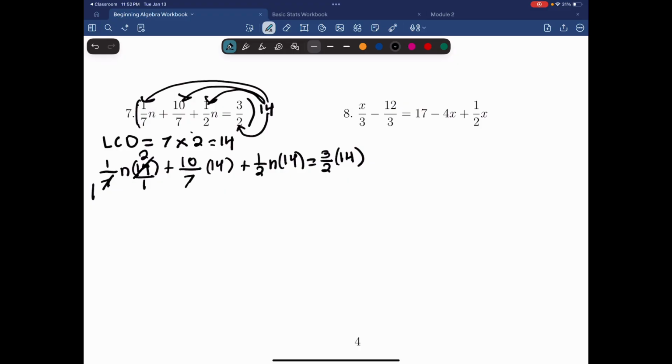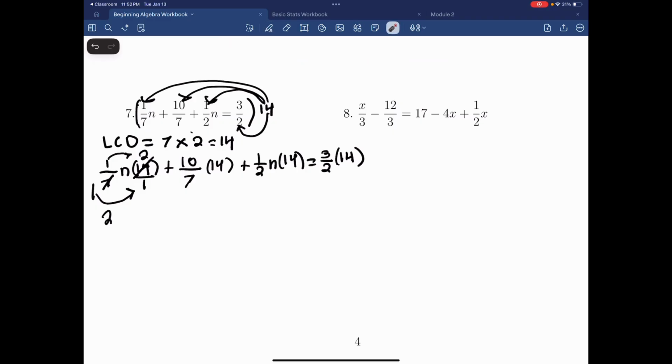So we're going to get 1 times 2 over 1 times 1, which is 2/1, and 2/1 is just 2, because 2 divided by 1 is just 2. I'm going to keep it as 2, and then we can't forget the n that is here, so we have 2n.